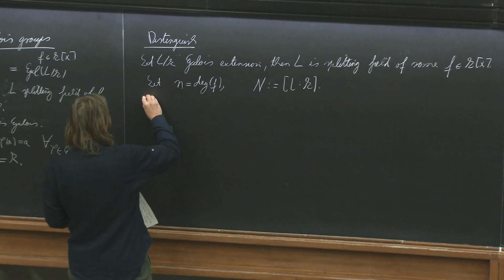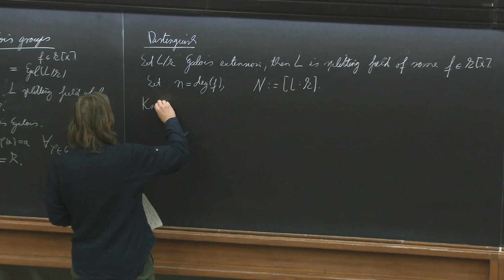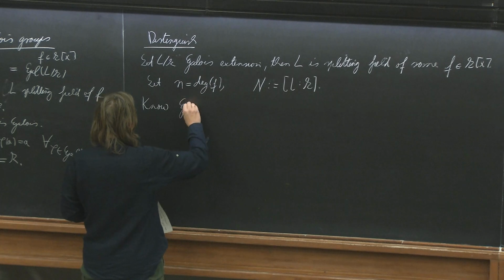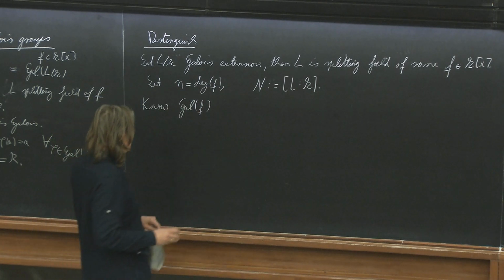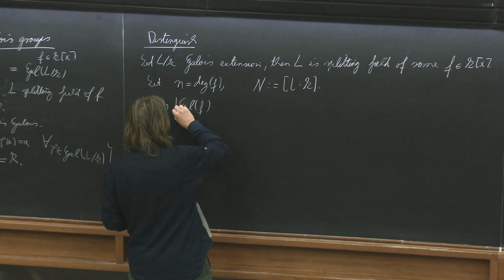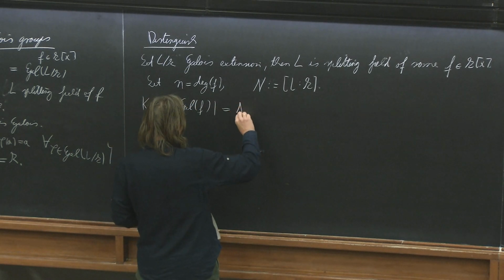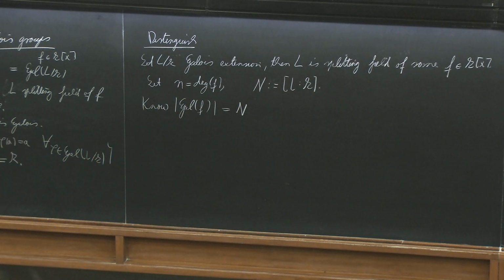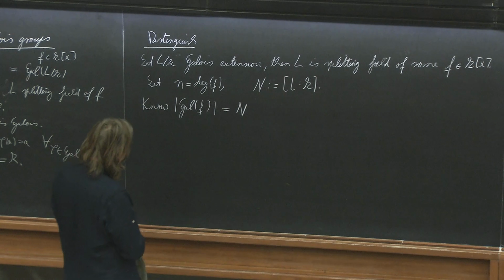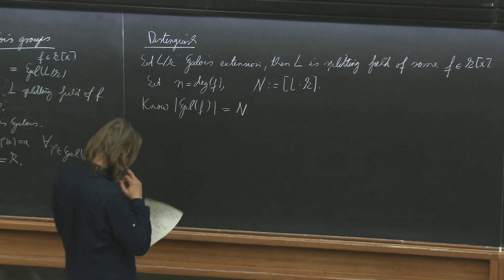So we know the Galois group of f, which is the Galois group of L over K, has N elements, where N is the degree of the field extension. For Galois extensions, the degree of the field extension is equal to the number of elements in the Galois group. We proved this the other time.